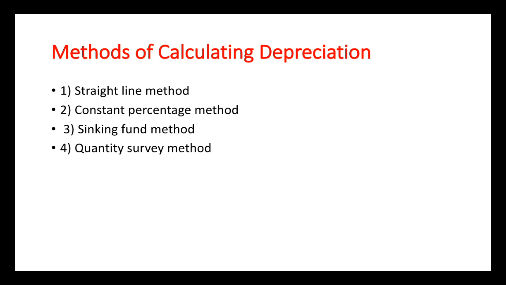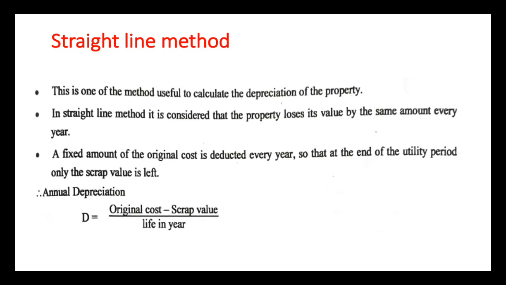There are four methods of calculation of depreciation. First one is the straight line method, then the constant percentage method, the sinking fund method, and the quantity survey method. We will discuss the methods one by one. In the straight line method, the cost of an asset or property less its salvage value is distributed or written off at a uniform rate for its complete service life.